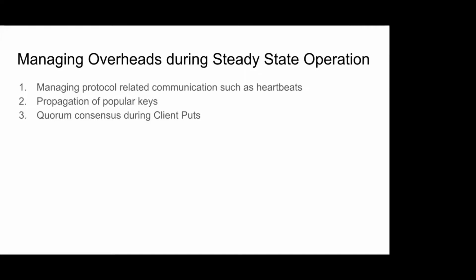Another communication overhead is the propagation of popular keys, which happens every second. According to the paper, it's not very significant. A third overhead is when a write needs to take place, and a lot of messages are exchanged for a write to succeed. So these are the overheads that they mentioned that they've taken care of.